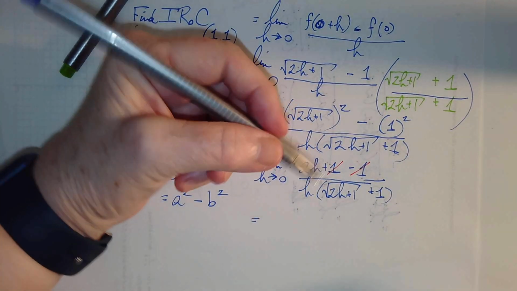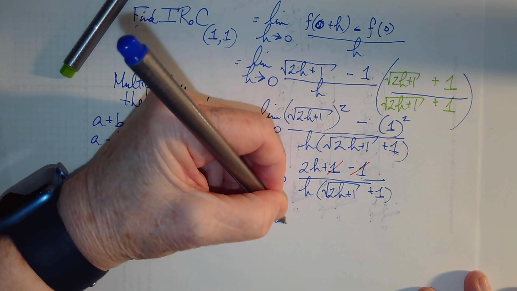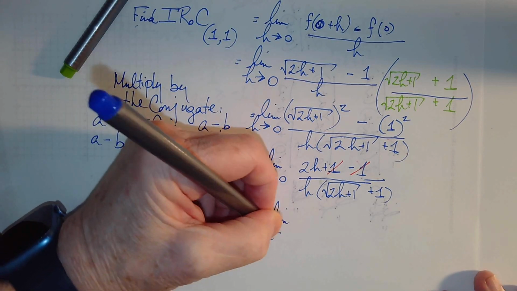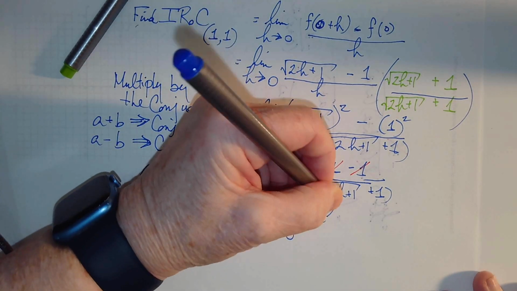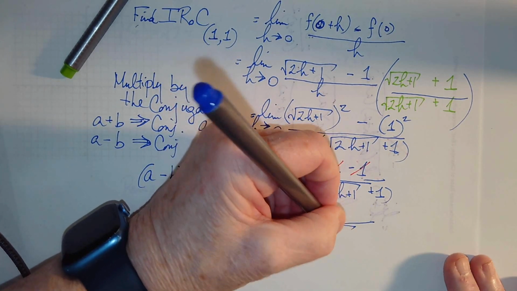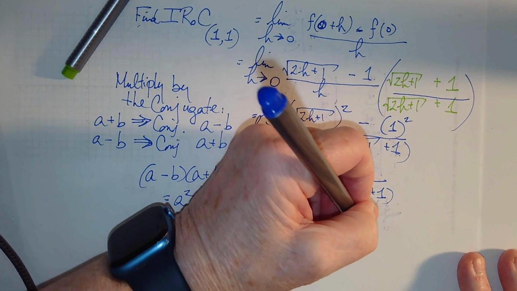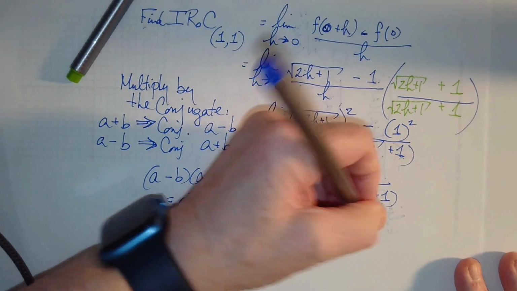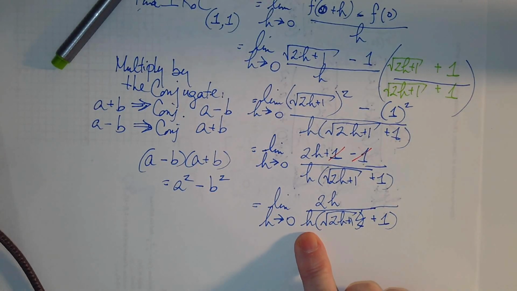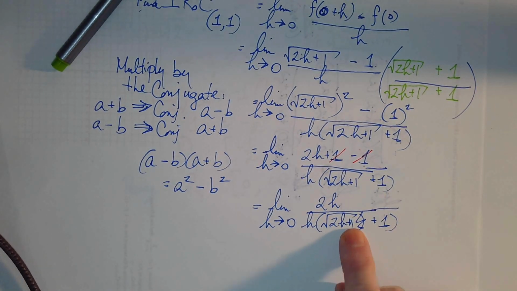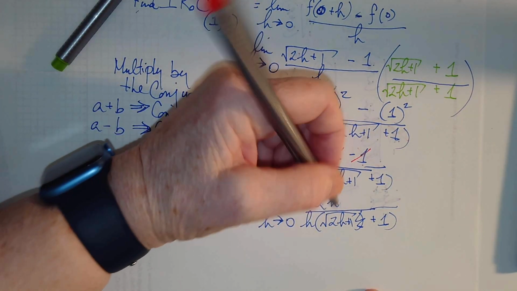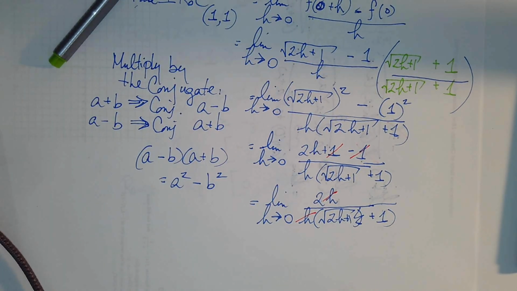We're just left with 2h in the numerator. Okay, and the denominator is h times the square root of 2h plus 1 plus 1. Yay, the h's divide out.